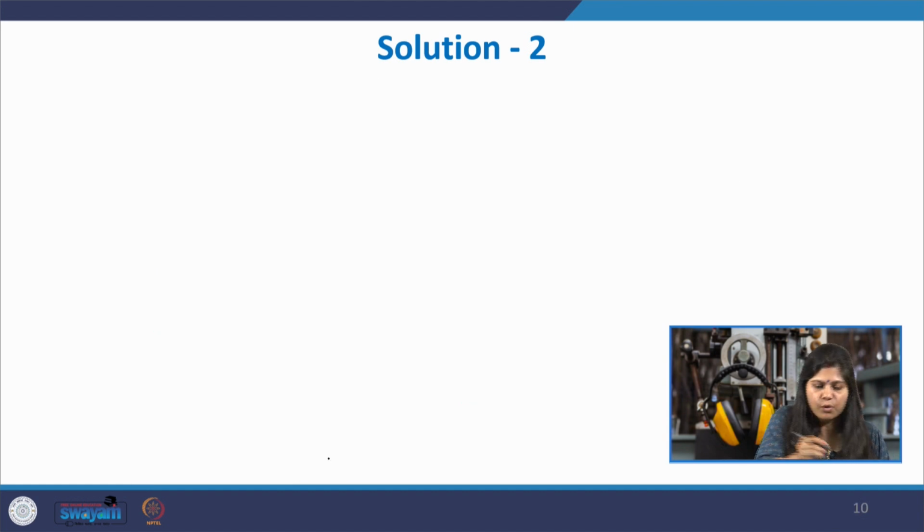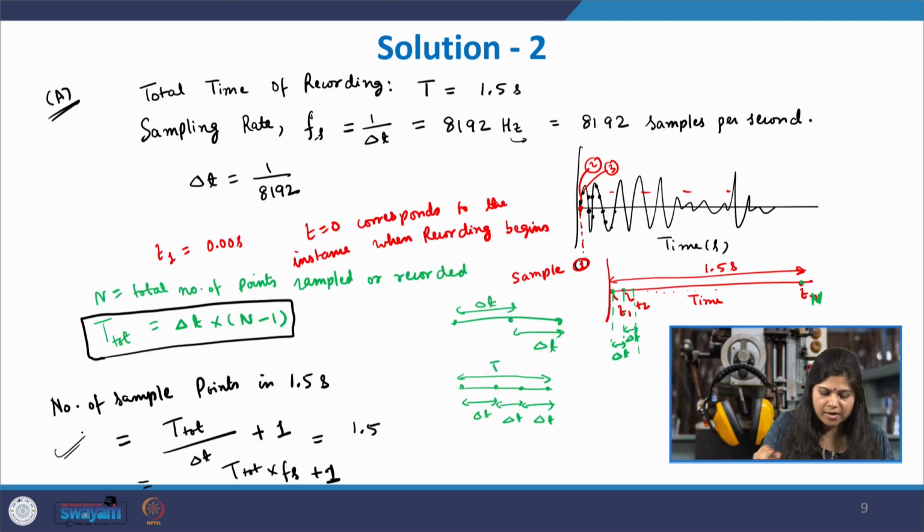So, n is going to be t total multiplied by fs plus 1. From this equation here, 1 by delta t is fs.